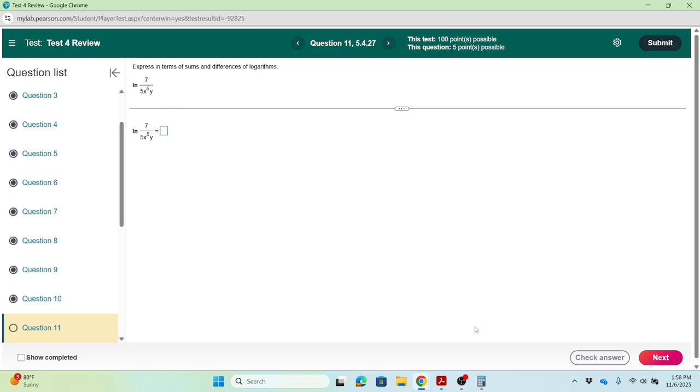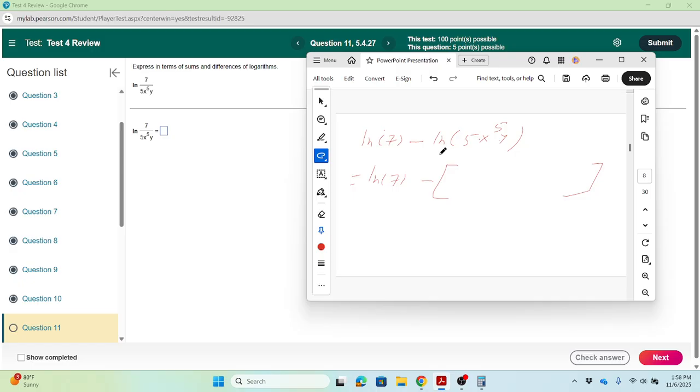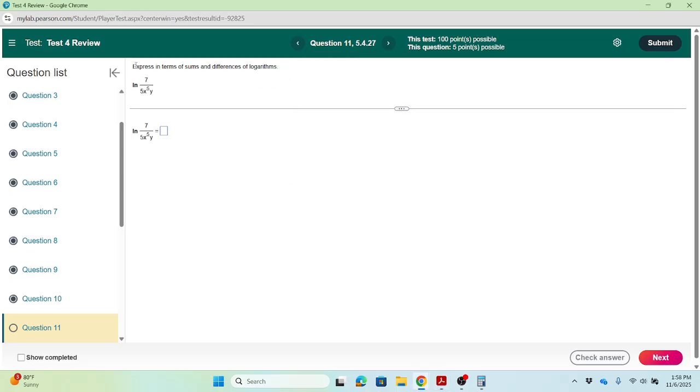Express in terms of sum and difference of log functions. You can use the quotient rule here. ln 7 on the top minus ln of everything on the bottom. And because it has so many terms like 5, x to the power 5 and y, you can use the product rule: ln 5 plus ln x to the power 5 plus ln y. Read the instruction. It says express in terms of sum and difference of logs.